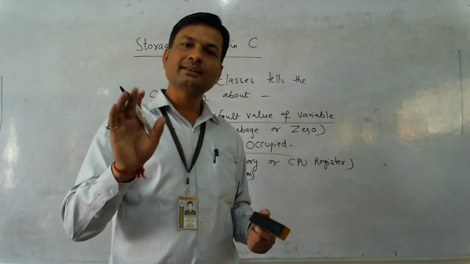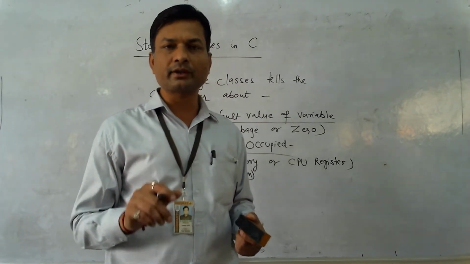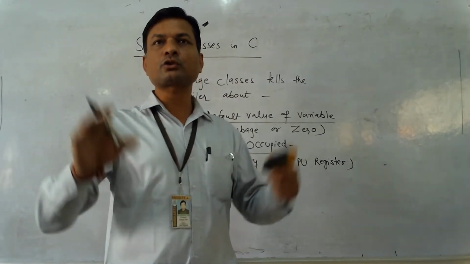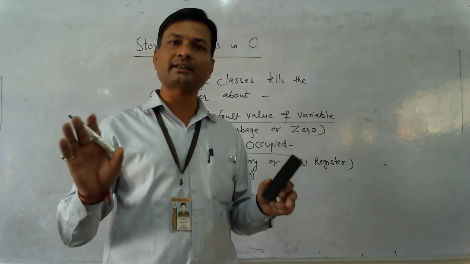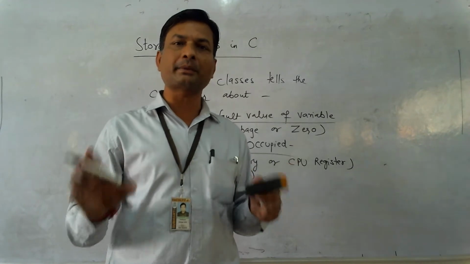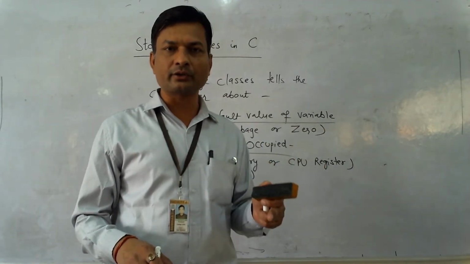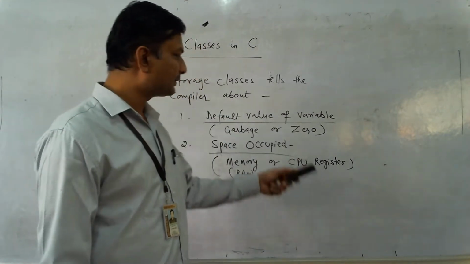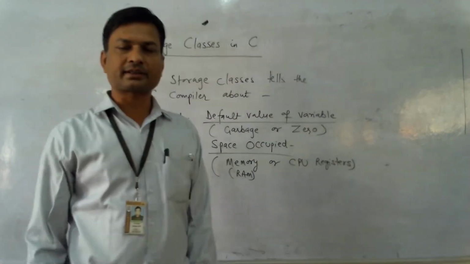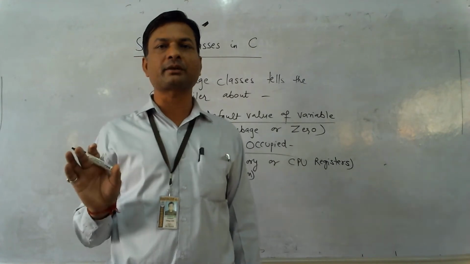This unit has three parts. First part is ALU, arithmetic logic unit. Second part is CU, control unit. Most students might have heard that CPU has only two parts. But let me tell you, CPU is divided into three parts: first ALU, second CU, control unit, and the third part is CPU registers. CPU register is called the internal memory of the computer.